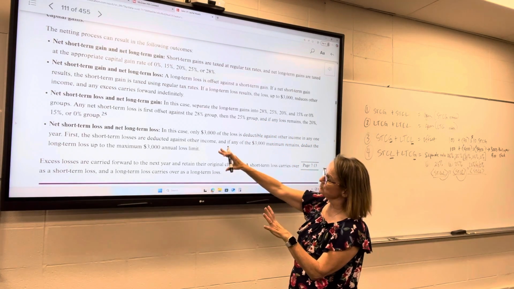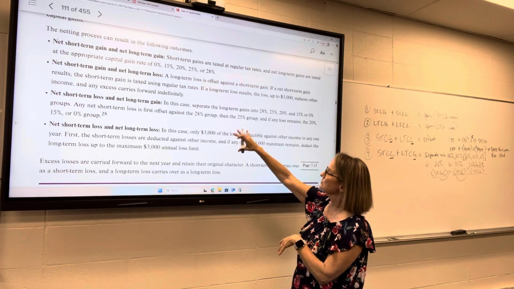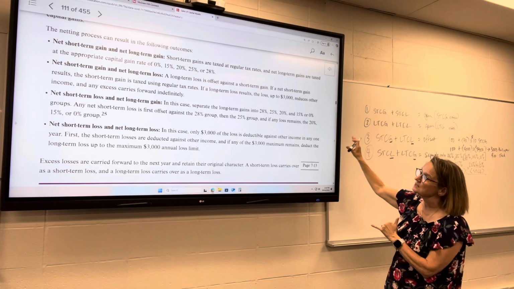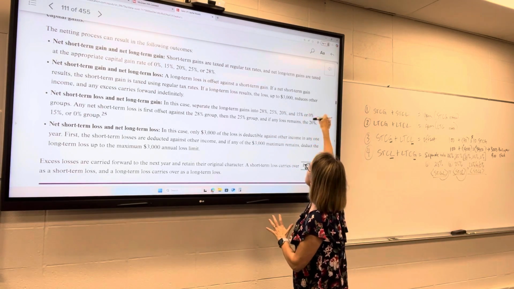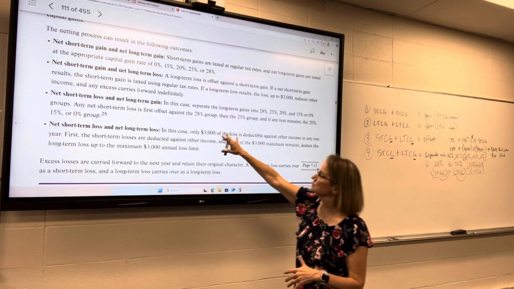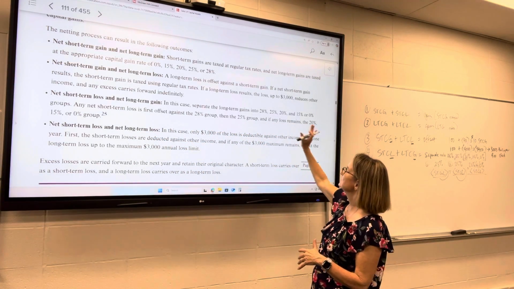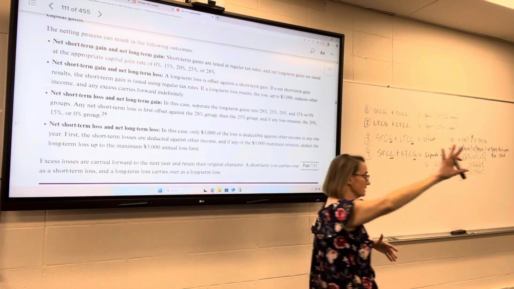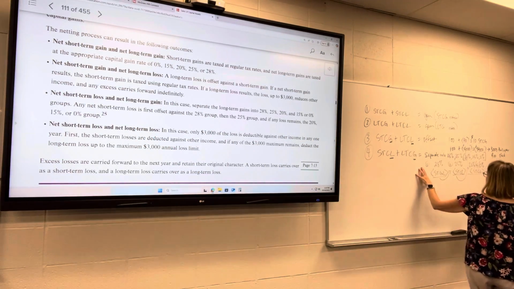So we get to first offset the higher tax property. Okay, so this is with a short-term loss, long-term gain. Those long-term gains could be 28%, 25%, or any of these, depending upon the bracket that we're in. That short-term loss is going to offset the 28% group, 25% group. If any loss remains, then this other group of assets.